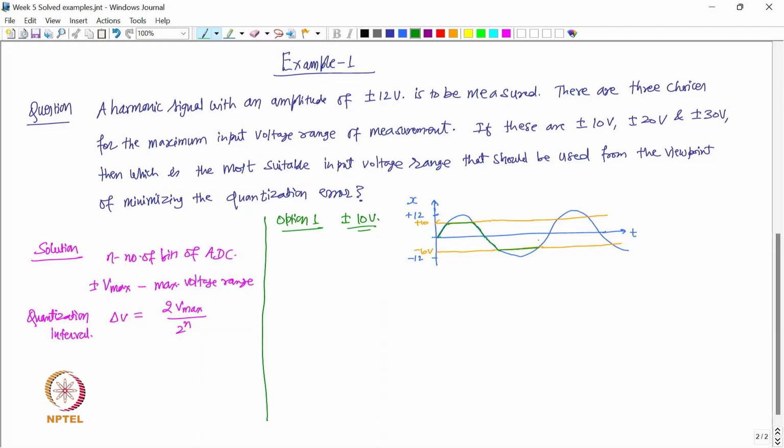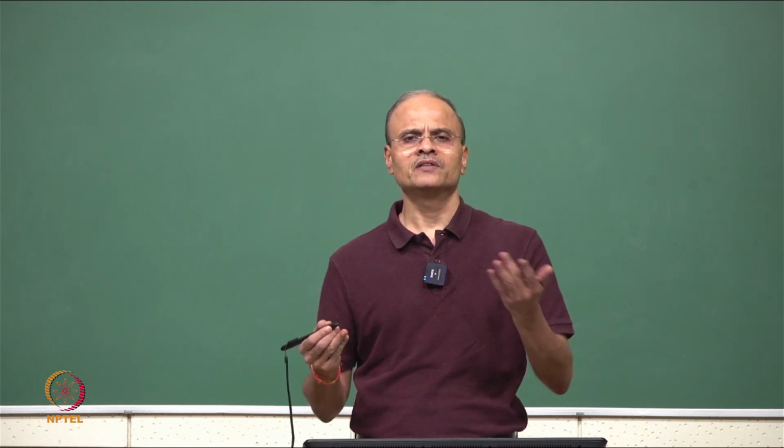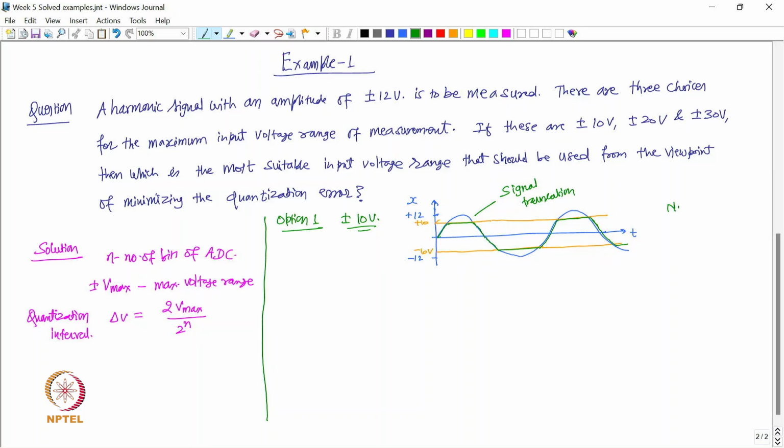I am showing in green this signal which we have measured, and you can easily see that now this signal is not the correct representation of the actual signal which we wanted to measure. It has been truncated, chopped off, right. So, you can see signal truncation, and this signal truncation is not desired because it is distorting the signal, correct. So, when we analyze such a distorted signal, obviously the information that will be revealed will not be representing the true signal. So, this is not desired.